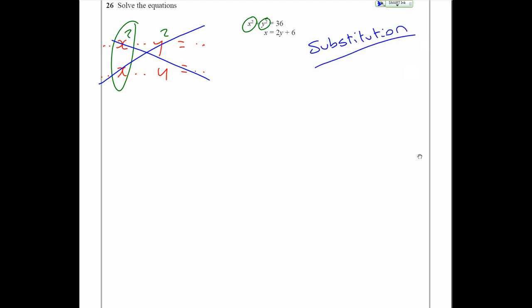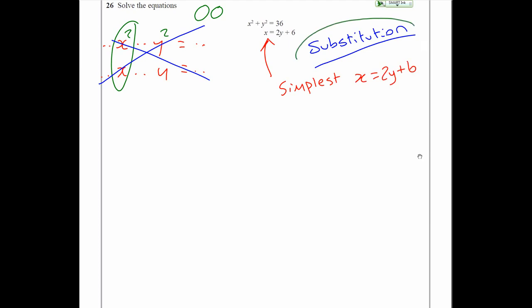If you've got this far in the paper, you might be thinking of A-level maths. So, look at your simplest equation. Which is your simplest equation out of the first two? The simplest is definitely x equals 2y plus 6. Now the method is called substitution. That means we're going to substitute this into the more difficult equation.